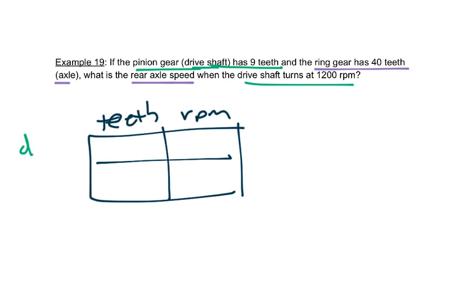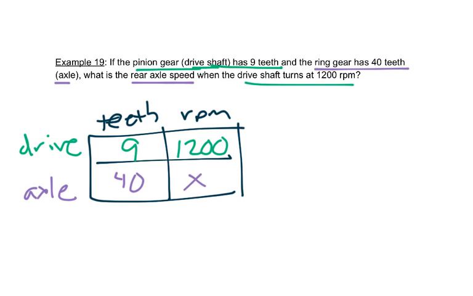We have a drive shaft, and we have the rear axle. So the drive shaft has 9 teeth, and it turns at 1200 RPMs. The rear axle, or the ring gear, has 40 teeth, and we don't know how fast it turns.